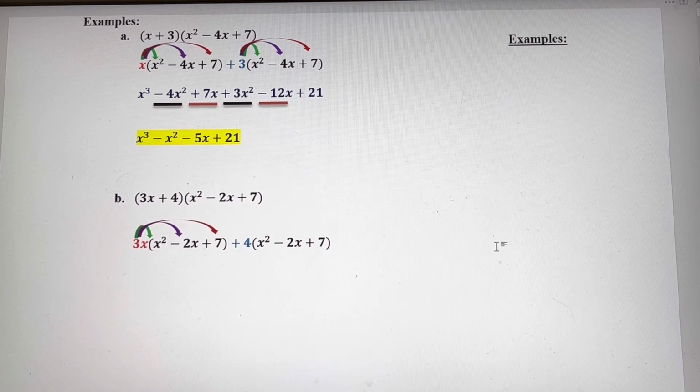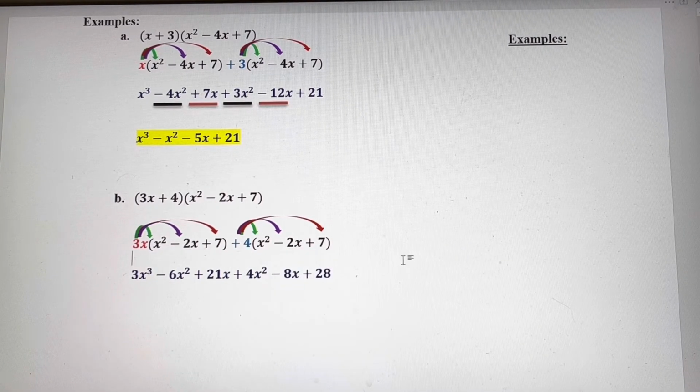So again, I want to distribute. I'm going to multiply the 3x times all three pieces of that, which gives me 3x cubed minus 6x squared plus 21x, okay? Now we're going to distribute the 4, all right? 4x squared minus 8x plus 28, okay? Just like before, we're going to combine like terms. x squared is there, x is there, all right?